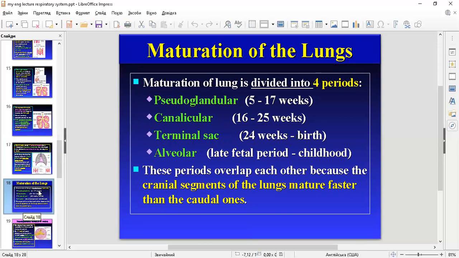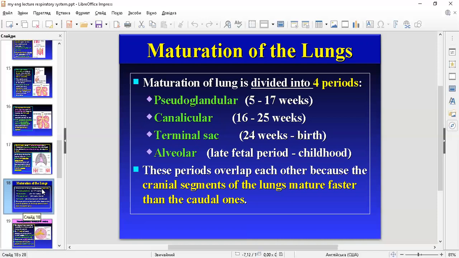Maturation of the lungs. Maturation of lungs is divided into 4 periods. Pseudoglandular, from 5th to 17 weeks. Canalicular, from 16th to 25th weeks.